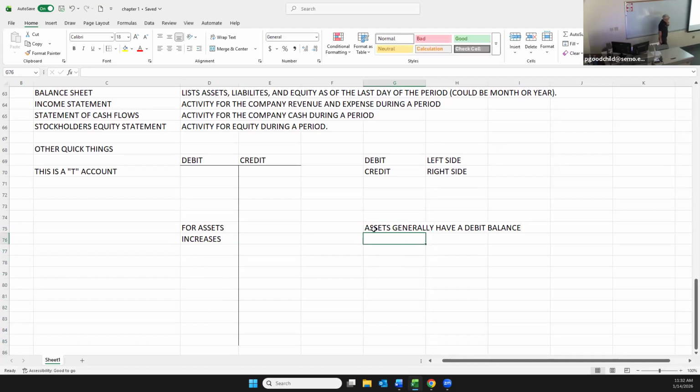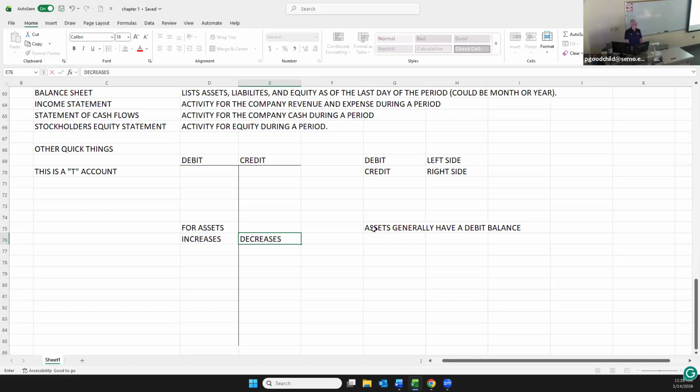Okay. A credit decreases assets. For liabilities, this switches. A debit decreases.